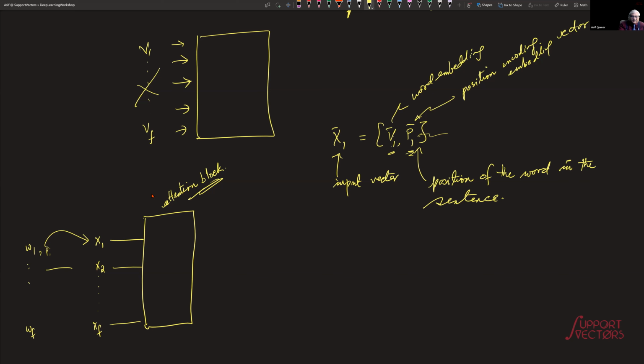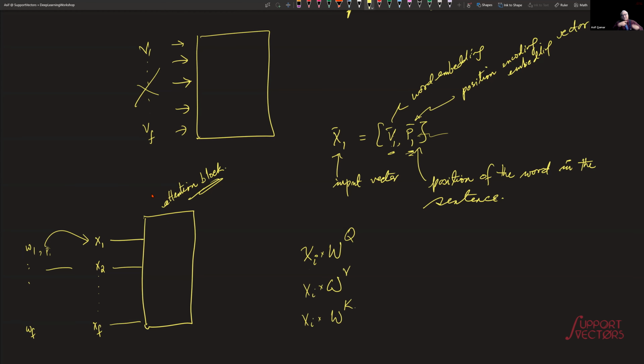So I'll represent a word by xi. Can I represent a word in the sentence by xi, which is basically made up of the word embedding and its position embedding, right? What you do, and this part you have to follow, guys, to understand the transformer: you will multiply it by 3 matrices. One is called the Q matrix, one the V matrix, and xi you'll multiply by the K matrix.